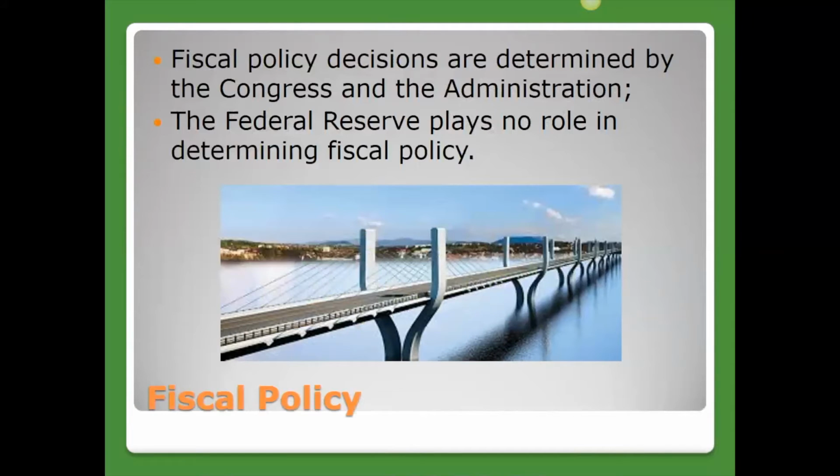When they do that, this is really to help, again, stimulate the economy, create more jobs, and get money into people's pockets so that people will then go spend that money, and that will create this flow of money throughout the economy. These decisions are made by Congress, they get voted on in Congress, and the administration implements these policies. So the Federal Reserve does not have any role to play in fiscal policy. This is all done through the government.